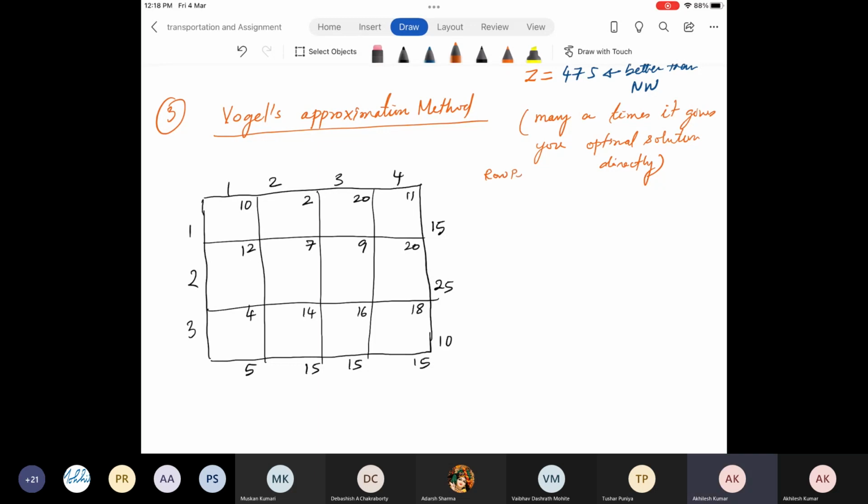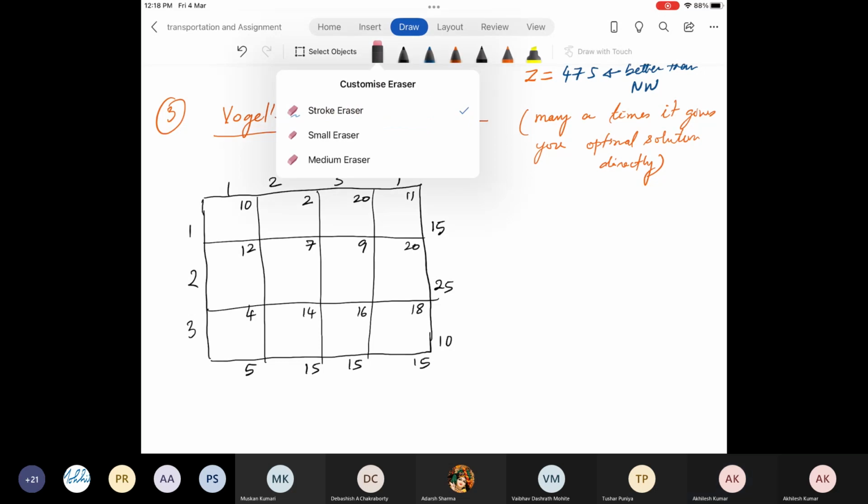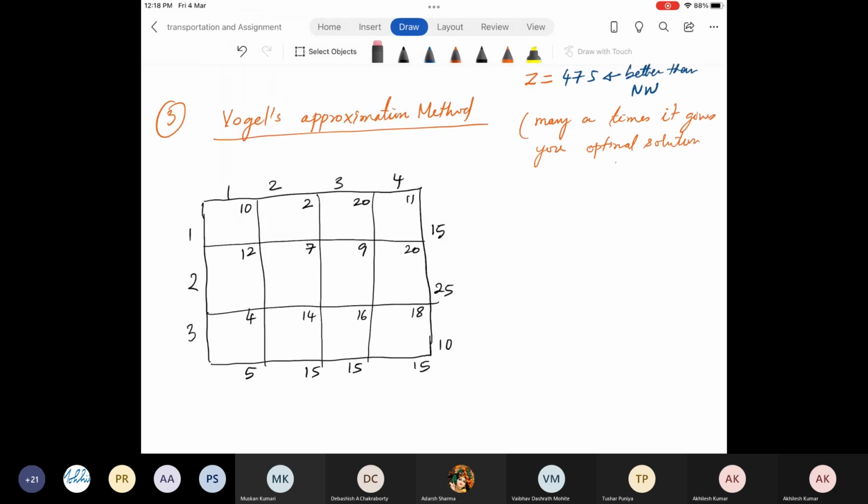Row penalty, and this is column penalty. So let's see how do we calculate row penalty and column penalty.